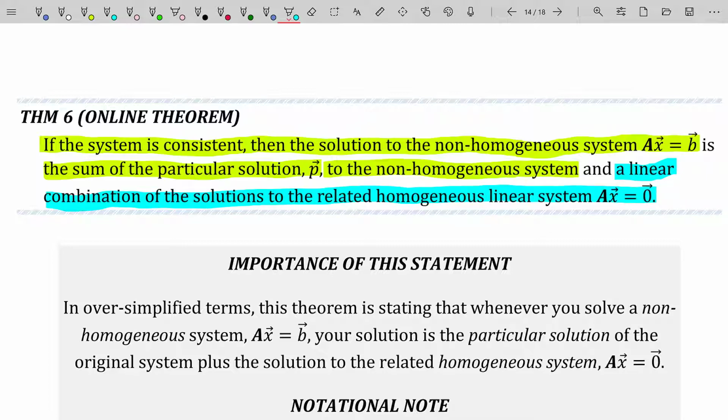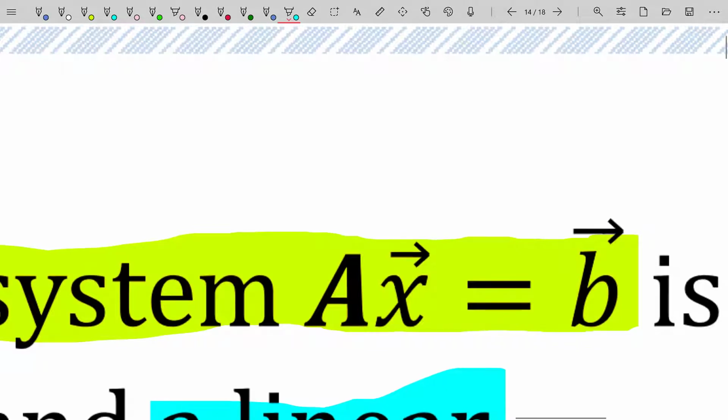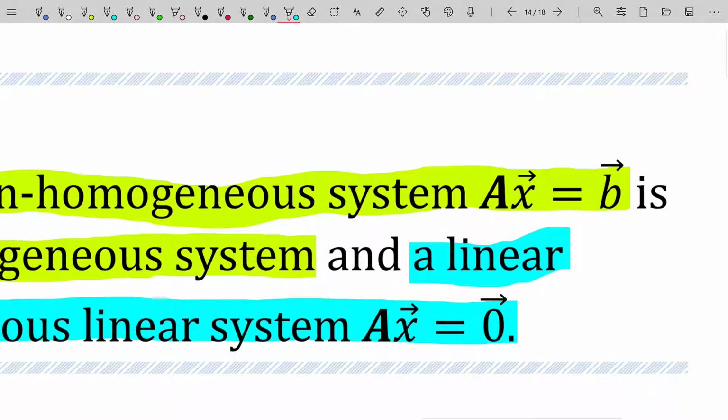And I mentioned in a previous video that the homogeneous equation and the non-homogeneous equation, while they are disparate, they're actually opposites of each other, they share one very important thing in common. Solutions to the non-homogeneous equation will involve solutions to the homogeneous equation. And that's exactly what this is saying. Every time that you go to solve Ax = b, you will also be solving Ax = 0 and finding that set of solutions as well.